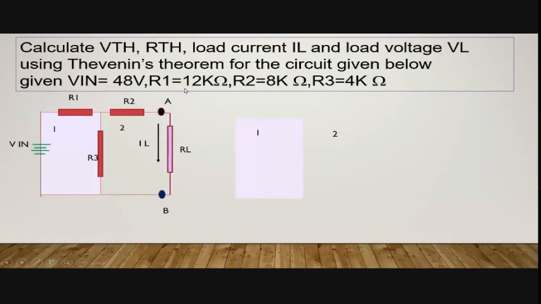R1 is 12 kilo ohms. R2 is 8 kilo ohms and R3 is 4 kilo ohms. Kilo ohms means what? Kilo ohms means times 10 to the power 3.